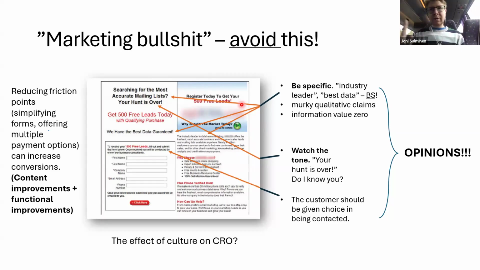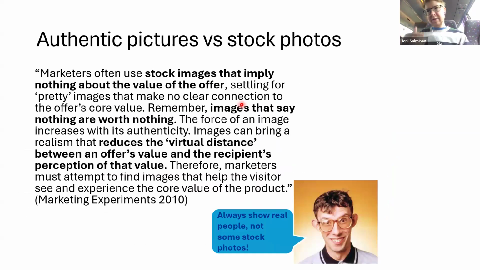So maybe a lot of the stuff that you see about conversion optimization works in the US, but you have to think about cultural adaptability. Does it work in Finland or Germany or France, wherever you're doing the actions? So that's something to keep in mind: how does this work in my country? It's a question that you could think about before you test different things.